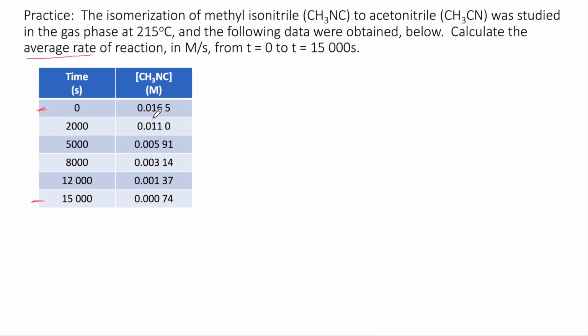So what you want to look at is the rate, which is the change in the concentration of CH3NC over the change in time. Yeah, this is not easy to write.